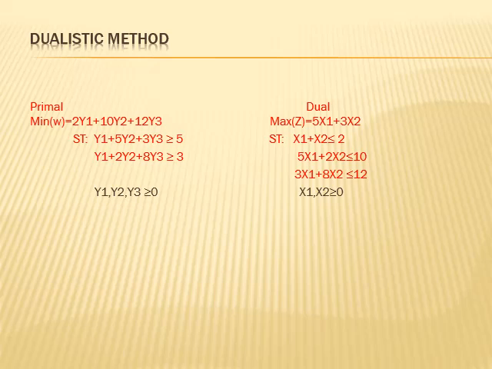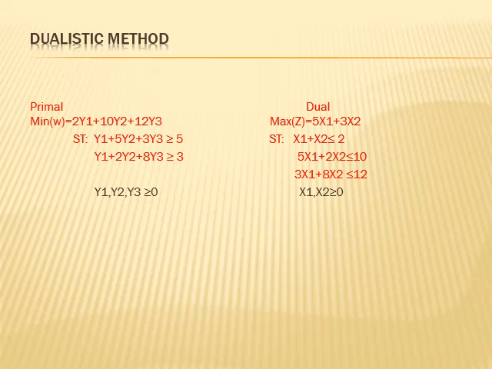Now, as we mentioned, the constraints of maximization are all the time less or equal. Constraint number 1, x1 plus x2 less or equal what? Equal the coefficient of y1, which is 2.